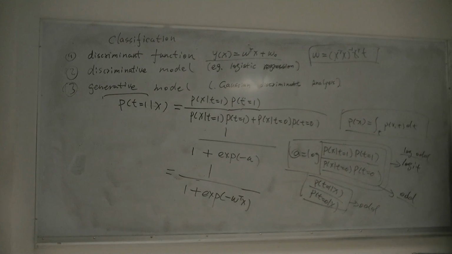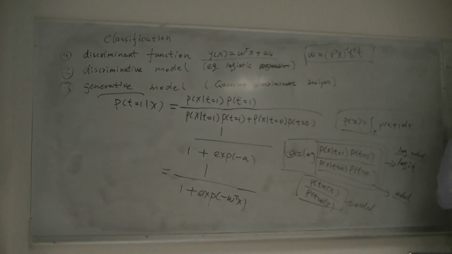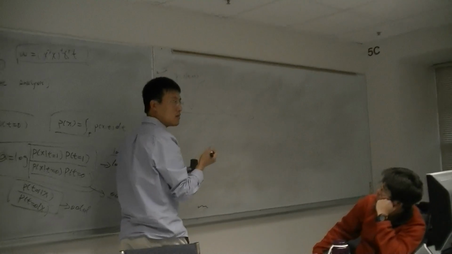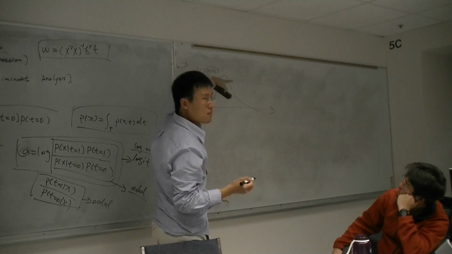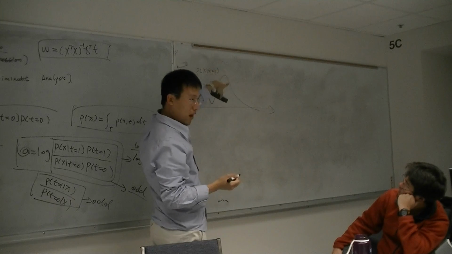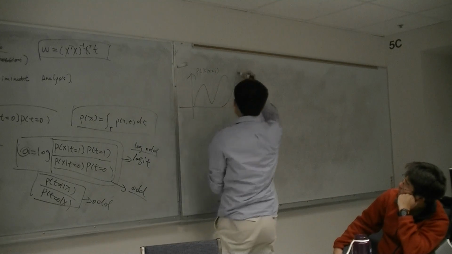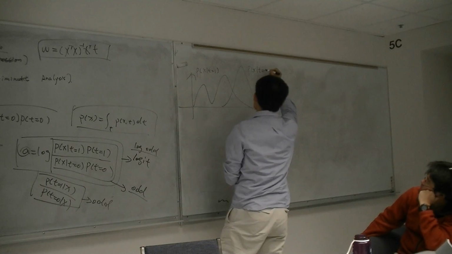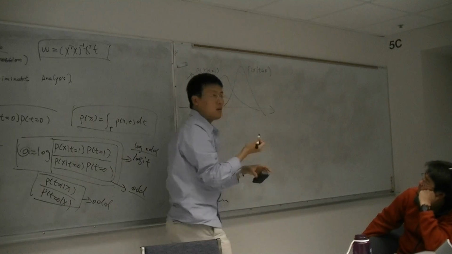Suppose here is the likelihood function of p(x|t=1), and here is the likelihood function of p(x|t=0).